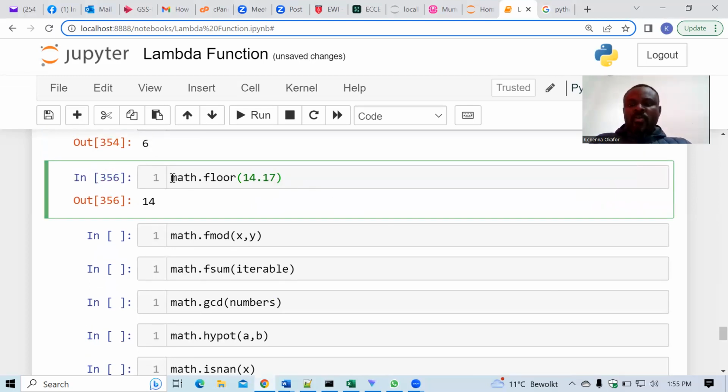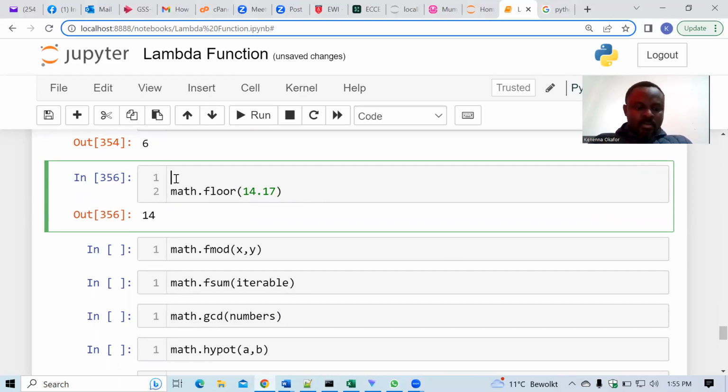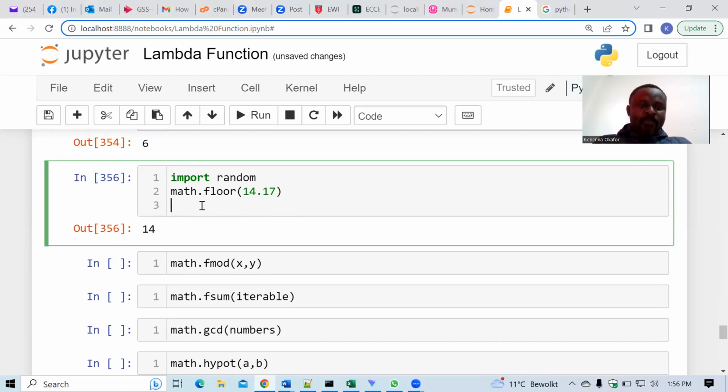Now, what's the practical application for this? I would very quickly show us how to use floor to get a random number from, say, 0 to an upper limit. To do that, I'll just import the random module in Python, import random, and then simply use the random variable there, and then call the random method.